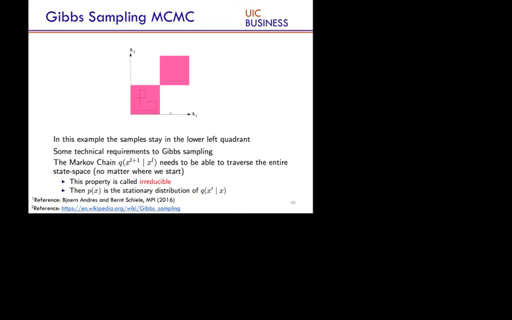For the first coordinate, we keep x2 fixed and make a jump to x1. We are sampling from the probability of x1 given x2, and then keeping x1 fixed, we jump to some other value of x2, then keeping x2 fixed, jump to another value of x1, and so on. So that's what's happening in this Markov chain. It's like a gridded random walk.